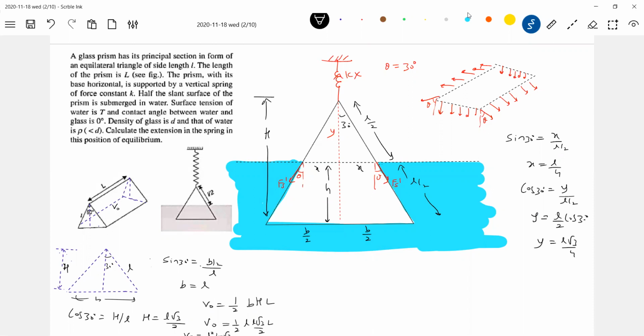Okay, let's get the buoyant force. So what are the things that are acting: the weight of the prism, the buoyant force, and the spring force and the force due to surface tension. We have to equate all these things. Okay, first let's calculate the weight of the solid.